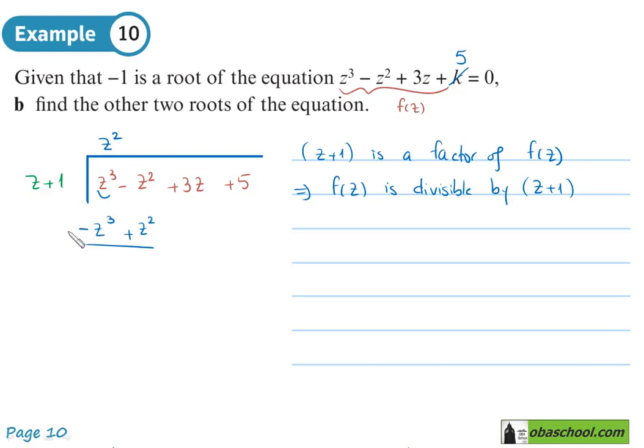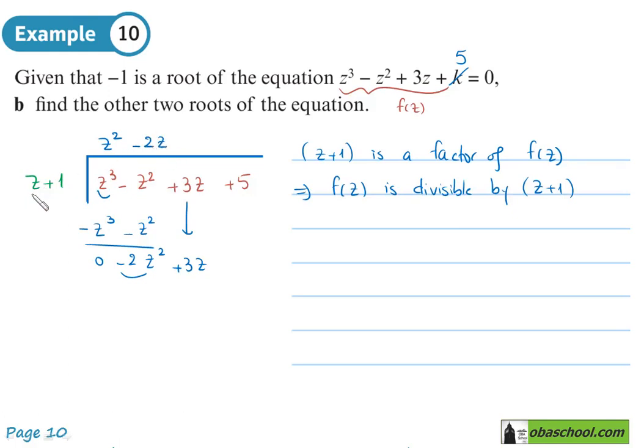So this one will be minus z cubed minus z squared. z cubed minus z cubed is 0, minus z squared minus z squared is minus 2z squared, and plus 3z gets down. Minus 2z squared divided by z is minus 2z.